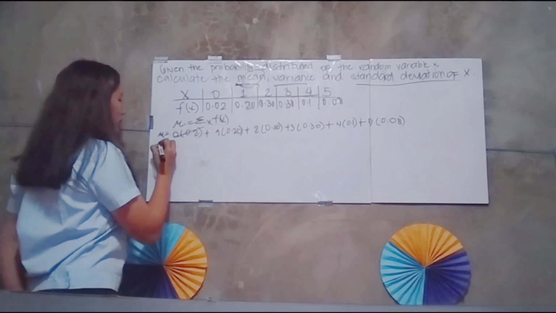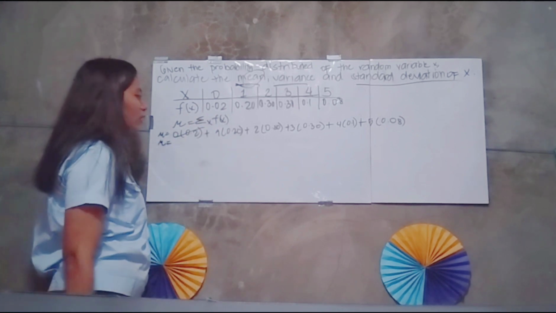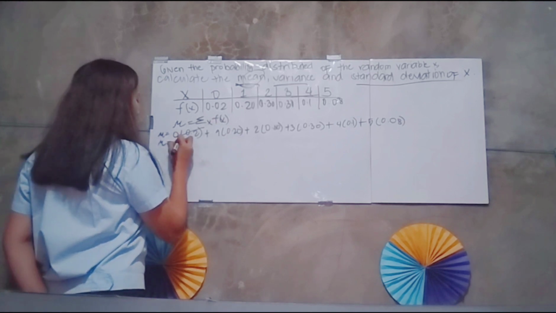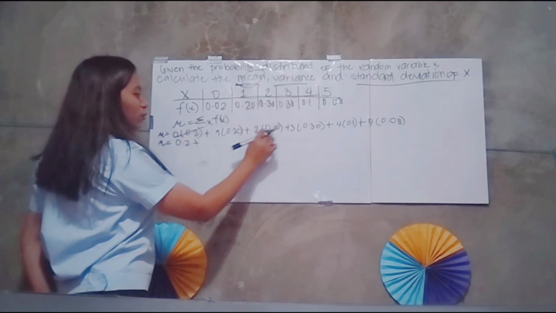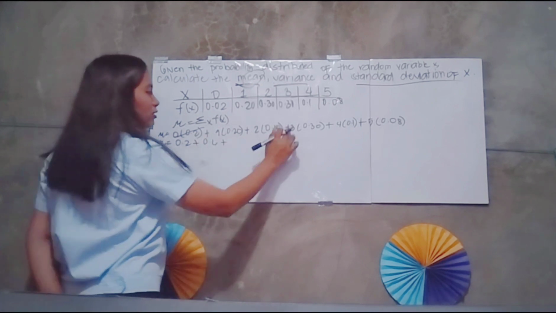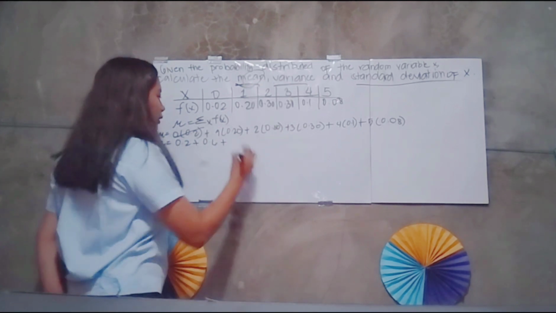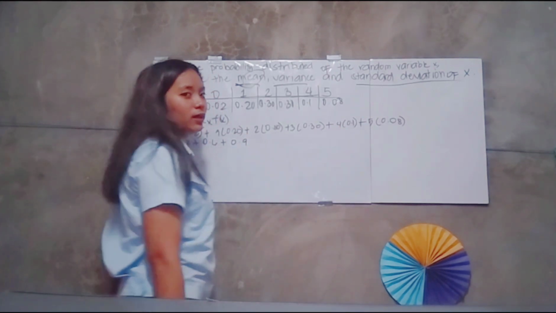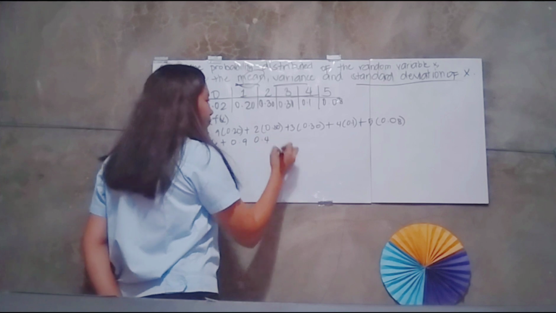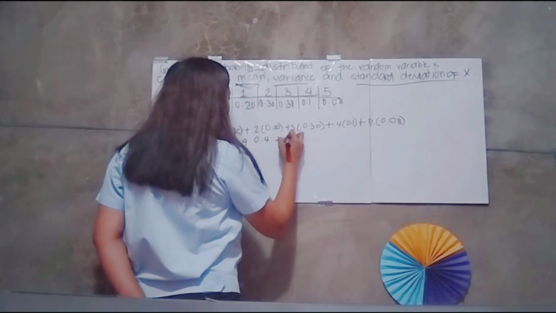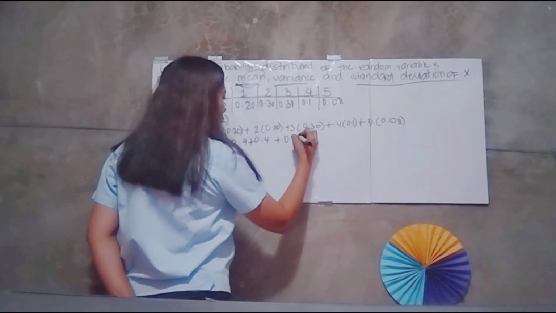So cancel natin. Mu is equal to 1 multiplied by 0.20 equals 0.2, plus 2 multiplied by 0.3 is equal to 0.6, plus 3 multiplied by 0.3 is equal to 0.9, plus 4 multiplied by 0.1 is equal to 0.4, and last, 5 multiplied by 0.08 is equal to 0.4.